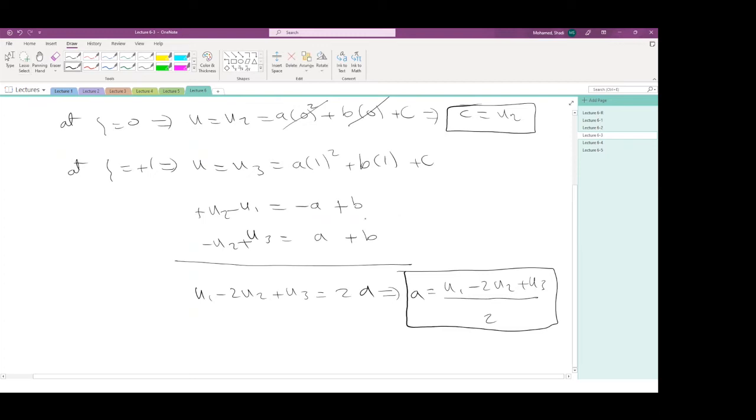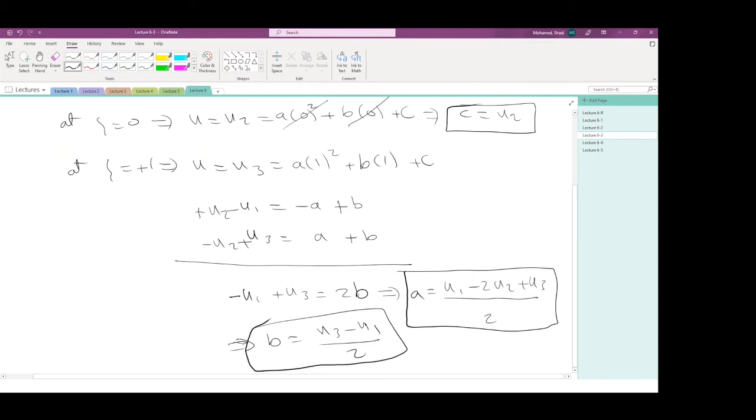And add them together. Now you will have 2B. So this one added to this one is 2B. This one will cancel. And then U3, you have it in there, minus U1, and U2 minus U2 will go to 0. So what you are left with is minus U1 added to U3. And this will give us the value of B equal to U3 minus U1 divided by 2.